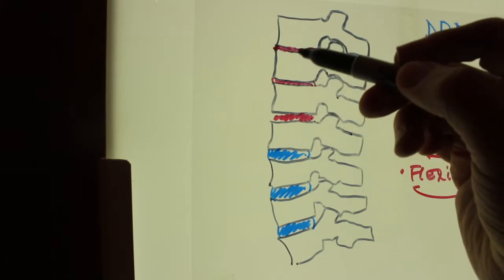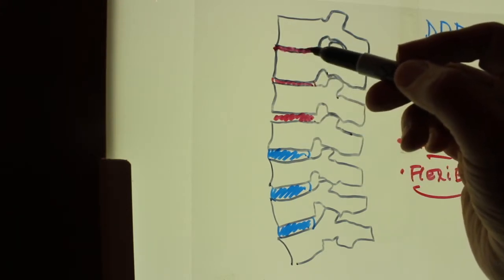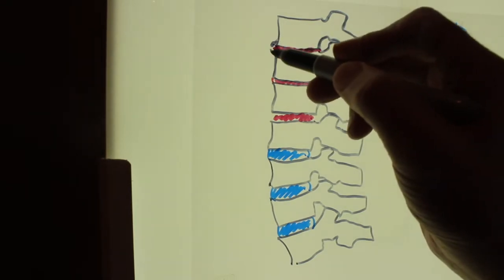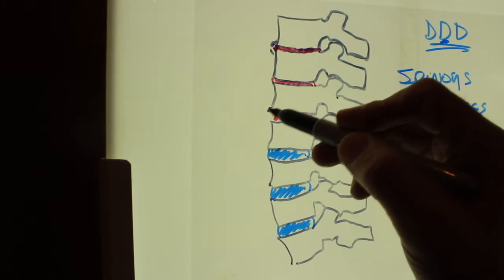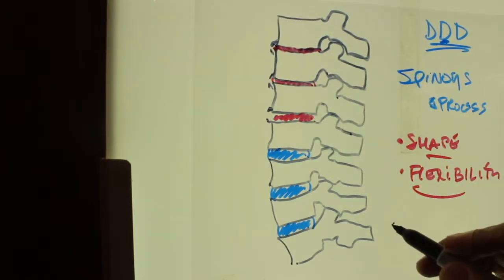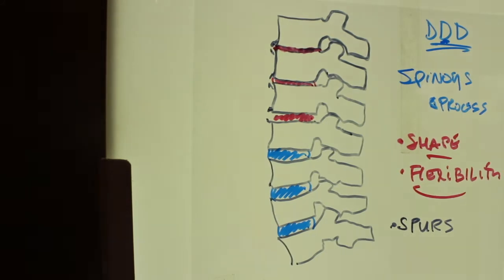So one of the criteria that most of us will agree on is a loss of disc space, and the other one is we start to see extra bone growth at the front. That extra bone growth, you may know it as the term bone spurs, and the official term is something called osteophytes.